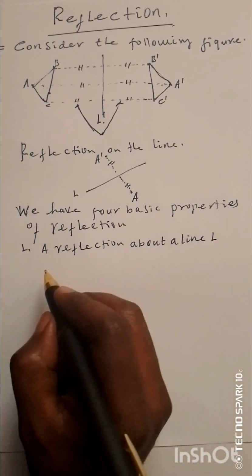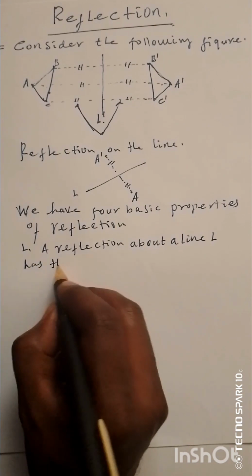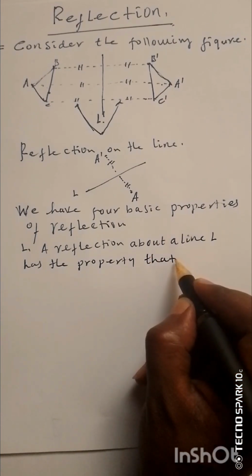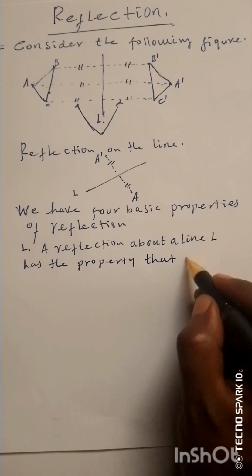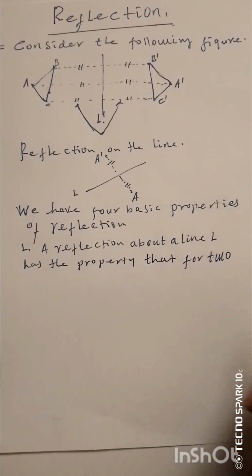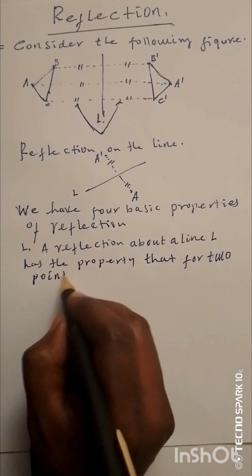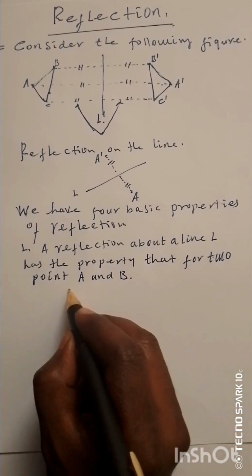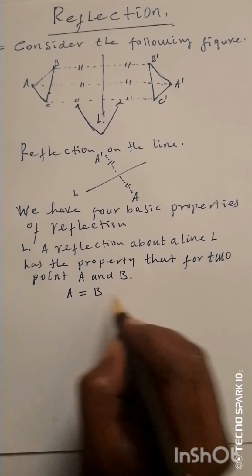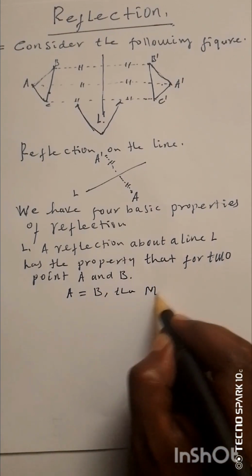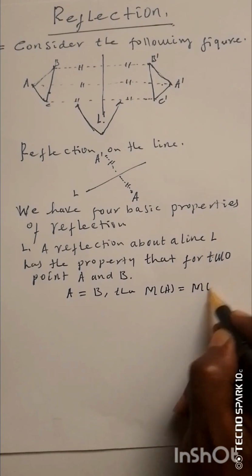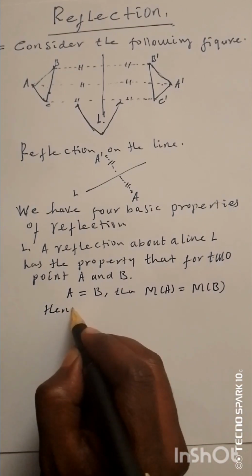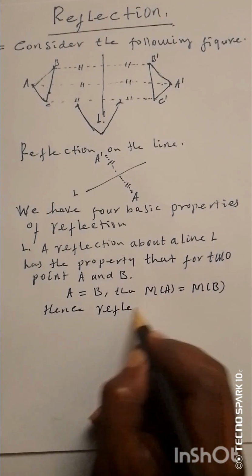So a reflection about a line L, for two points A and B, that means if A and B are points reflected on the line, then if A is equal to B, that satisfies the property of reflection: if A is equal to B, then the map of A is also equal to the map of B. This means the images of A and B are equal, as A and B are equal.